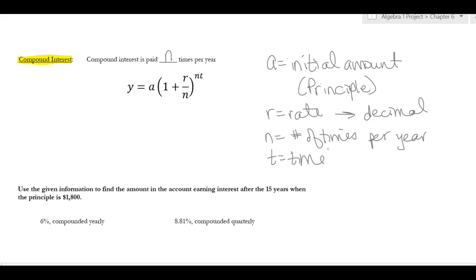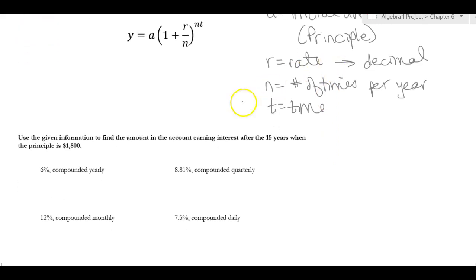All right, so let's go ahead and plug it in this formula. This is compounded yearly, so N is 1. So I start with 1,800, and it's 1 plus 0.06. Because it's one time a year, 0.06 divided by 1 is still just 0.06.